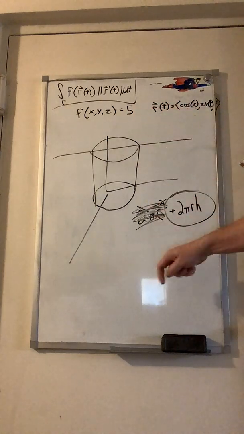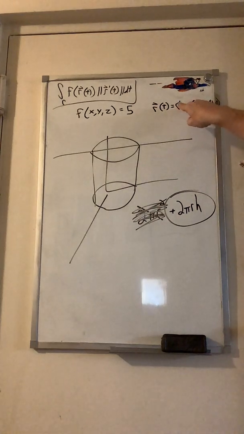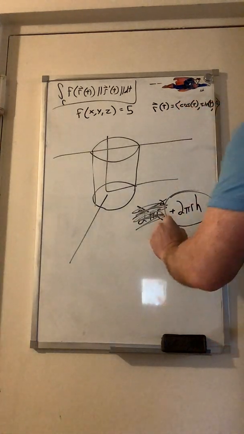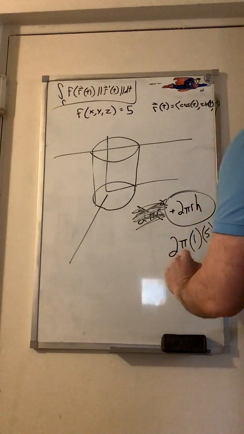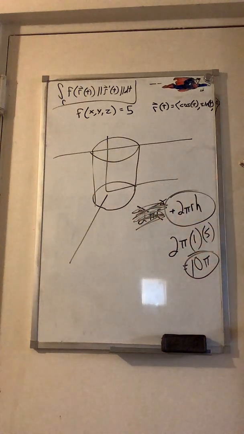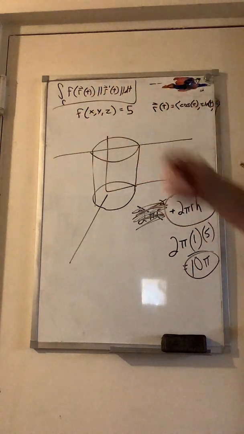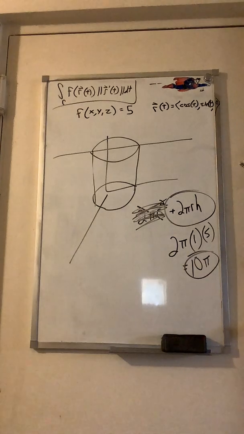The cylinder is going to have height 5, and the radius is just going to be 1, which means I should get 2 pi times radius 1 times height 5. That part of the cylinder has a surface area of 10 pi. If this is actually giving me the area underneath the curve, then that integral should give me 10 pi.